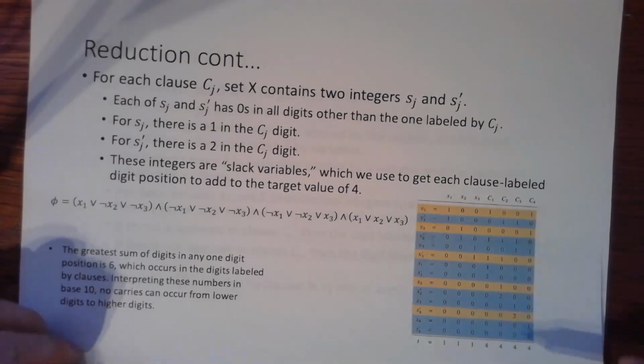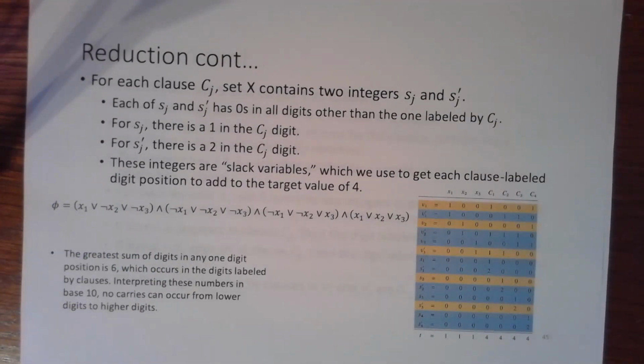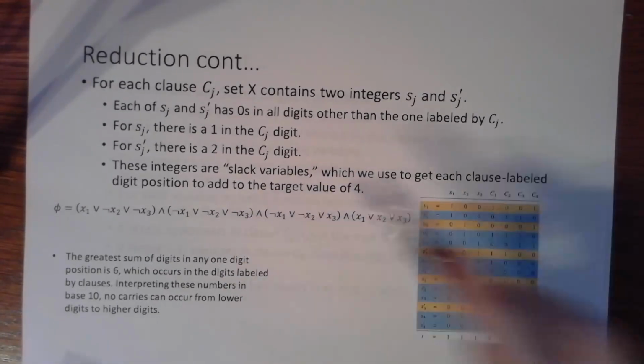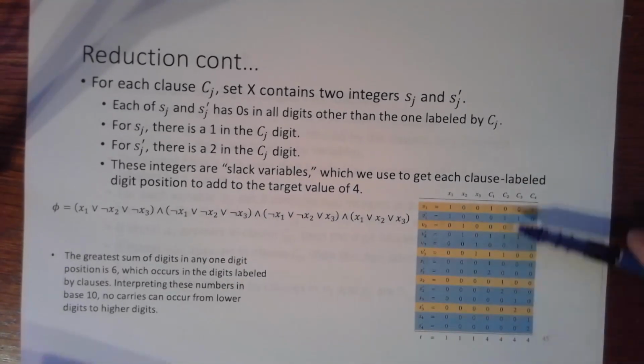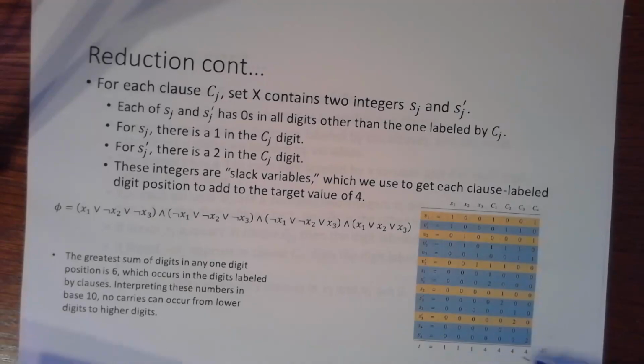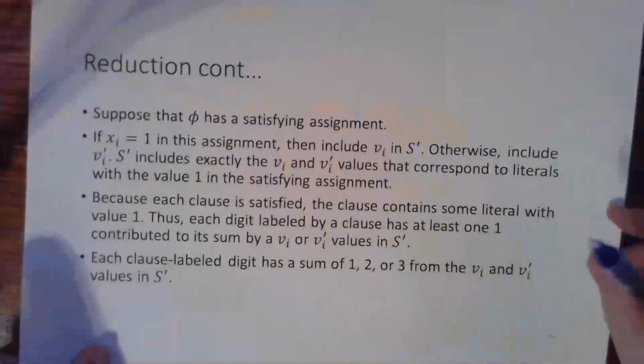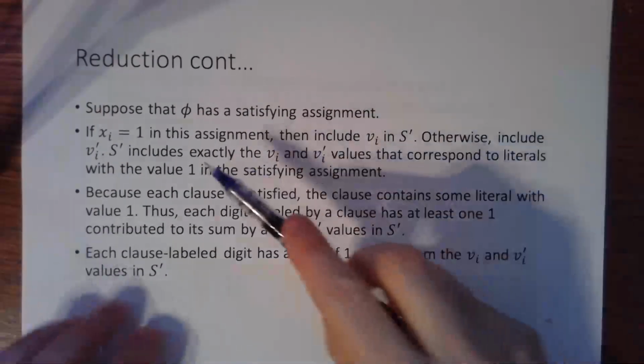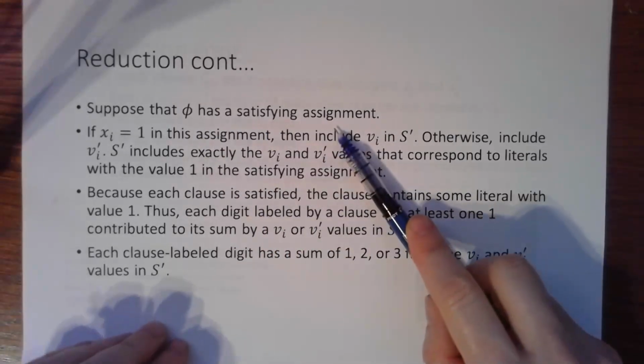Now let's convince ourselves that if this is satisfiable, then I can find numbers from here that add up to the target that I'm trying to make. Let's suppose that we do have a satisfying assignment.